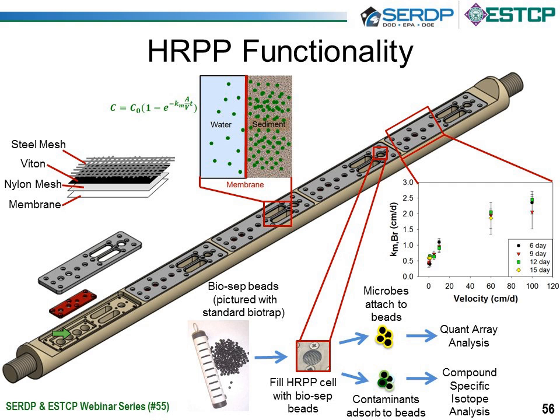The sample cells are filled with water. They're separated from the sediment by a 0.45 micron porous membrane, a nylon mesh, and a steel mesh to protect the membrane from puncture, and then they're secured with a stainless steel plate. And you can stack as many of these increments as you want to sample whatever depth interval you're interested in.